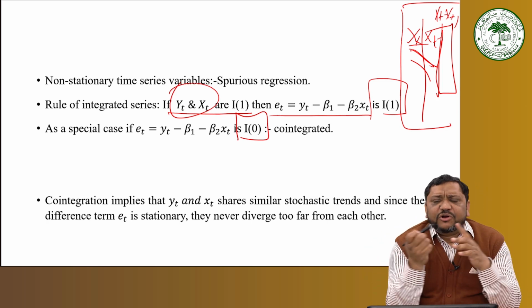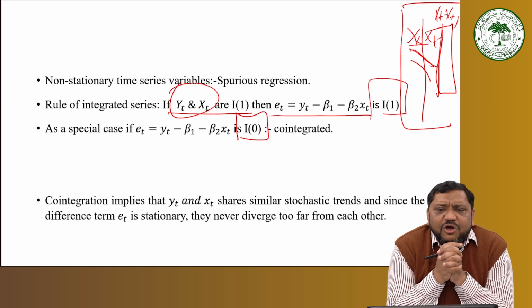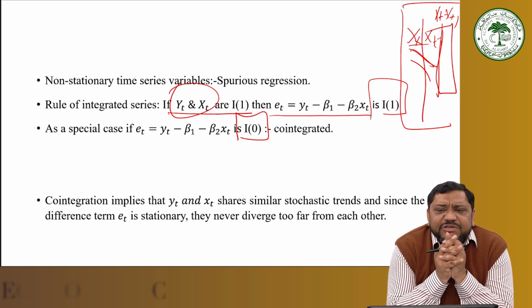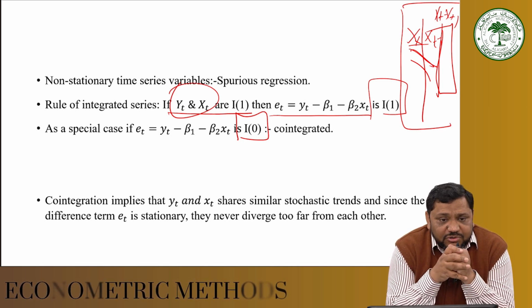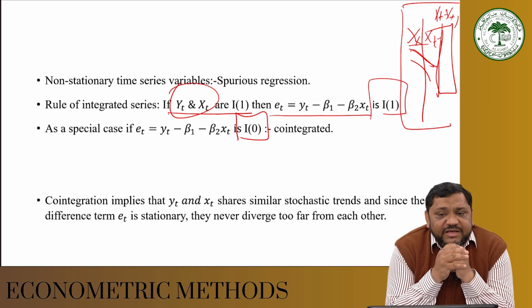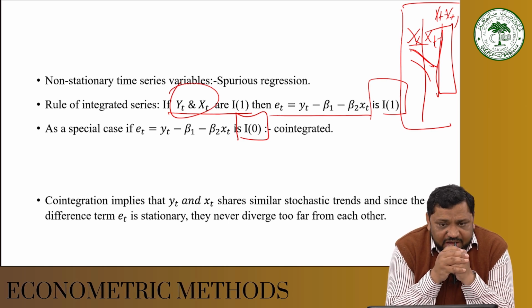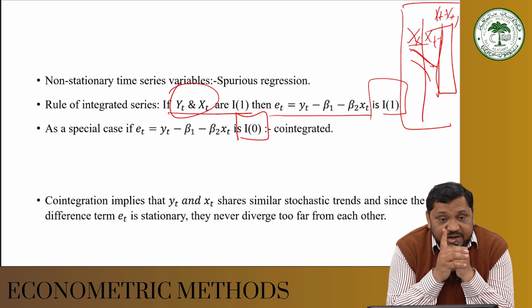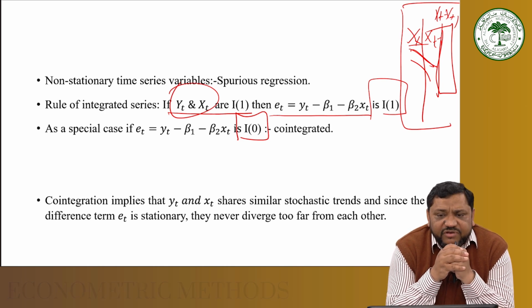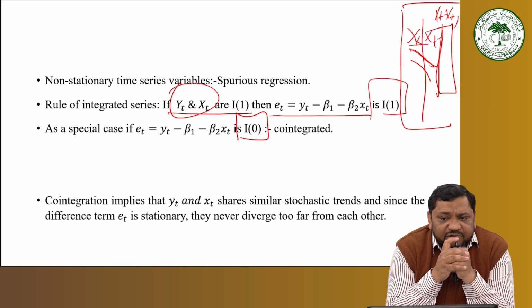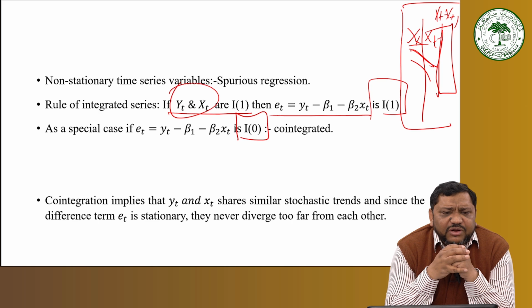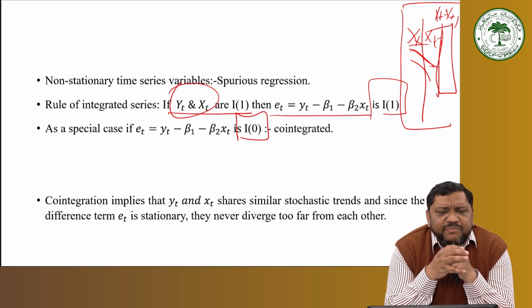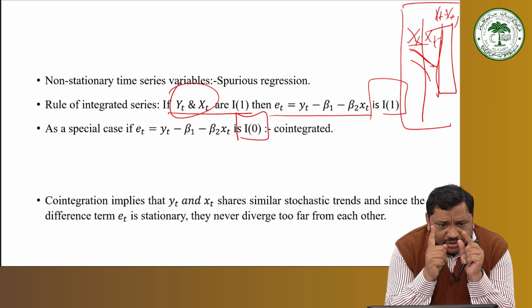As a general rule, to avoid the problem of spurious regression, non-stationary time series should not be used in regression. However, there is an exception to this rule. If yt and xt are non-stationary at the I1 level, first order non-stationary, then we can expect their difference or any other linear combination, like the one given here, Et equals Yt minus beta 1 minus beta 2 xt, to be I1 as well.